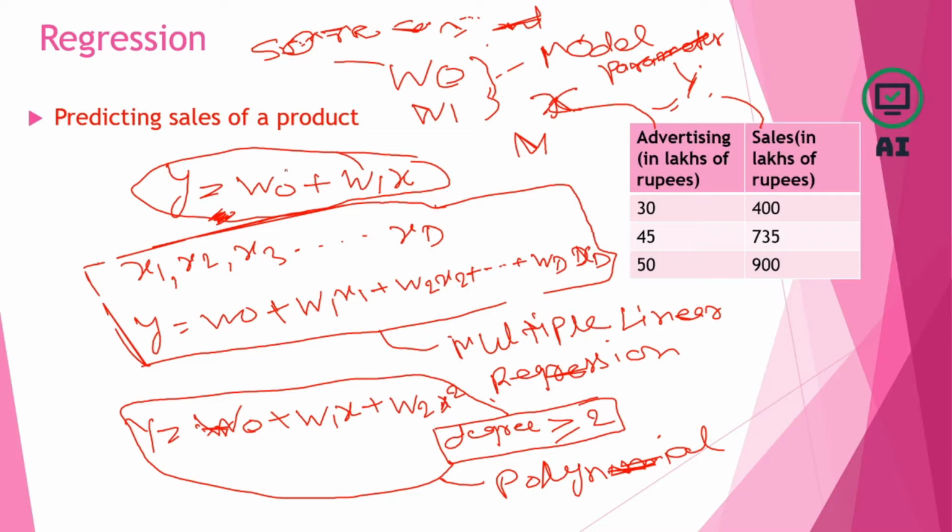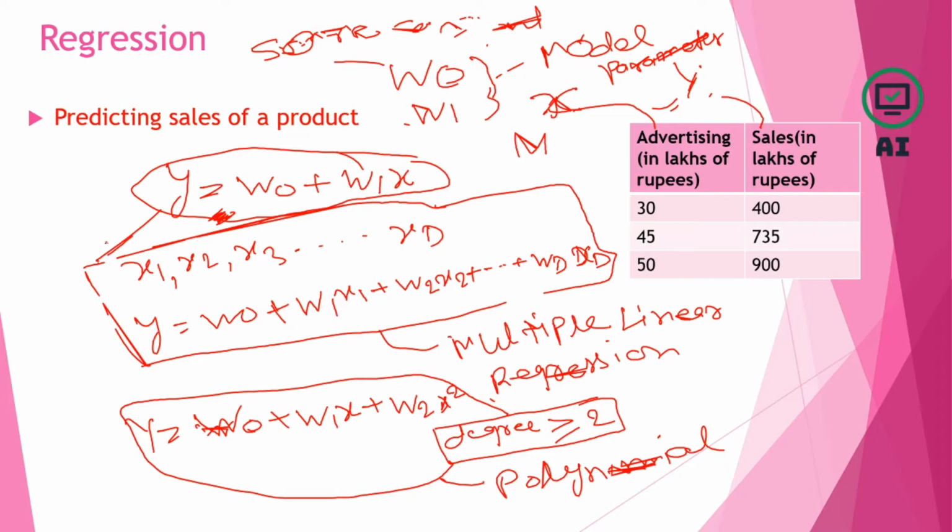If we assume this, then the resulting regression is called linear regression. Here w0 and w1 are called model parameters.